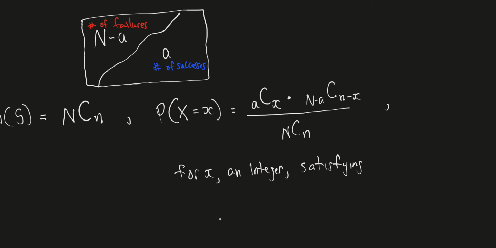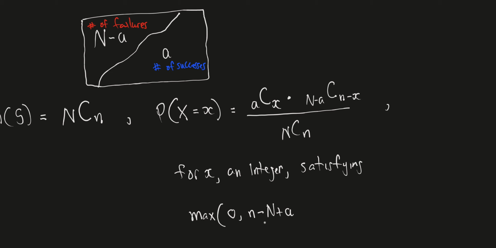So what you can take is the maximum of these two numbers, either 0, or your little n minus big N plus your a.